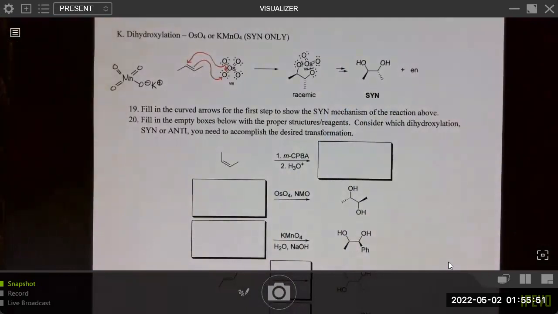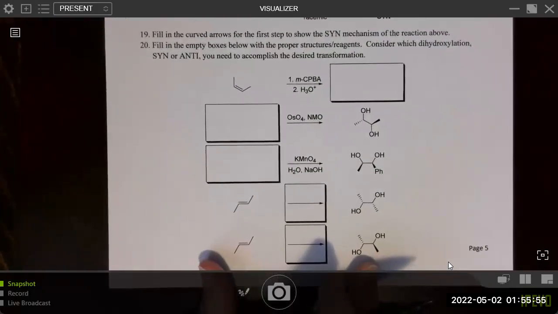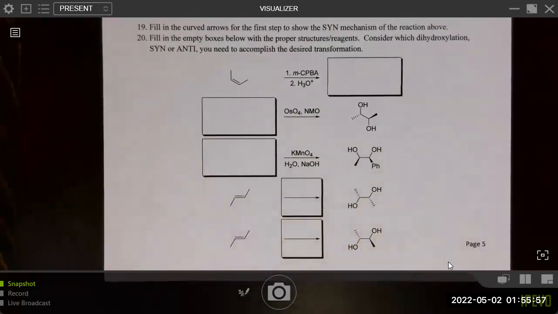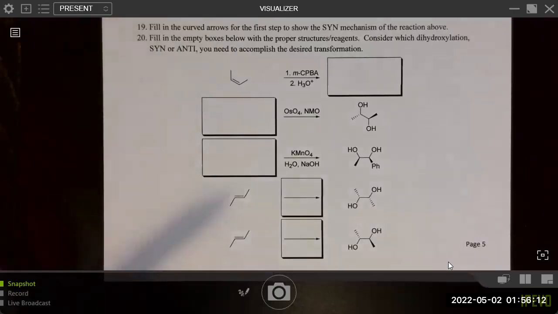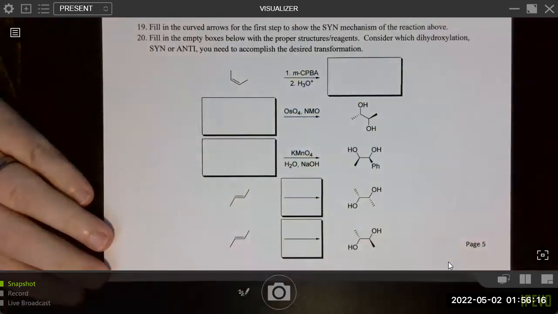Okay, so we've filled in the arrows for the first step, what it wanted us to do, and now it wants us to fill in the boxes, right? Consider dihydroxylation. Is it going to be syn or anti? And what we need here is to fill in these empty boxes. Okay, so first of all, we of course want to consider the reagents and remember what they do.